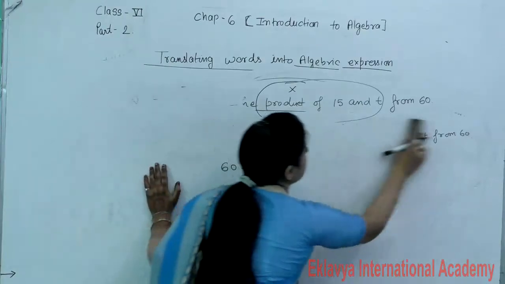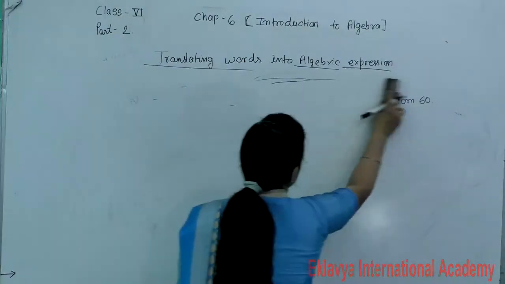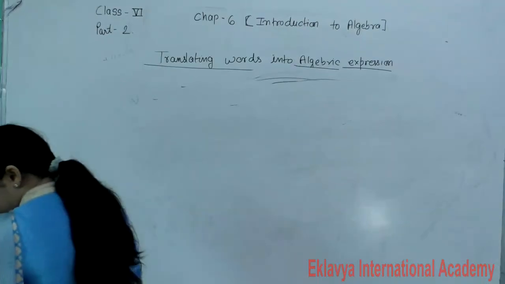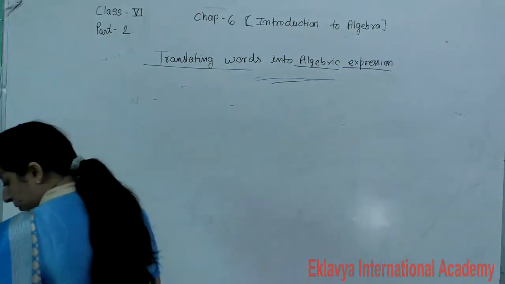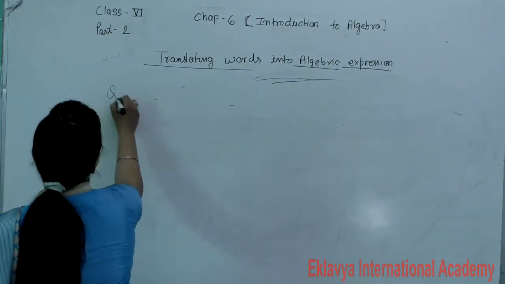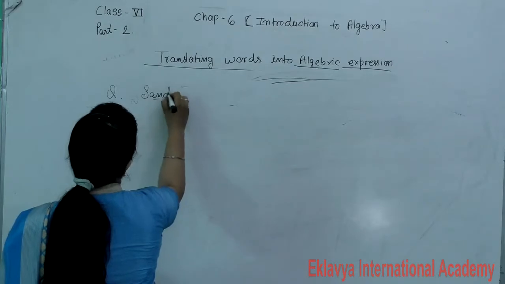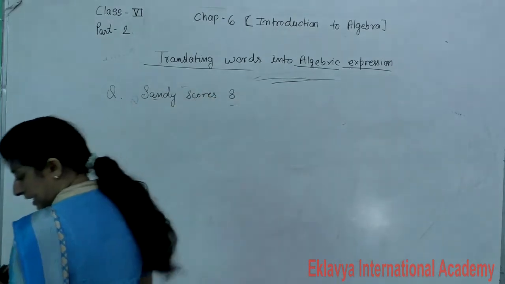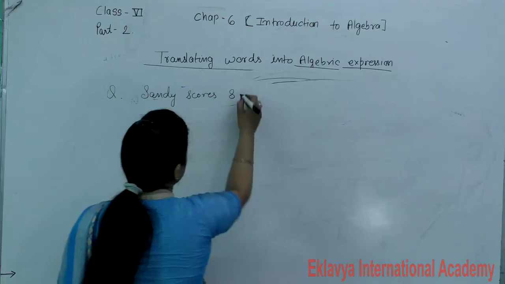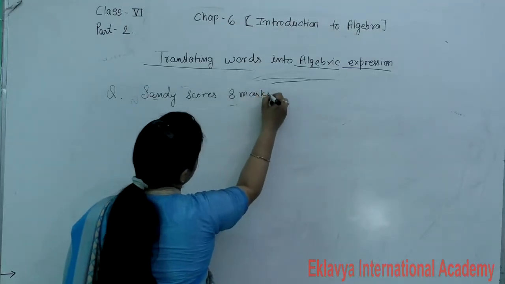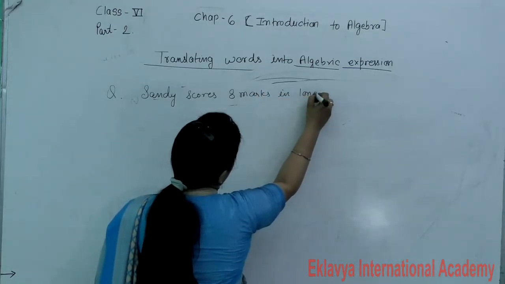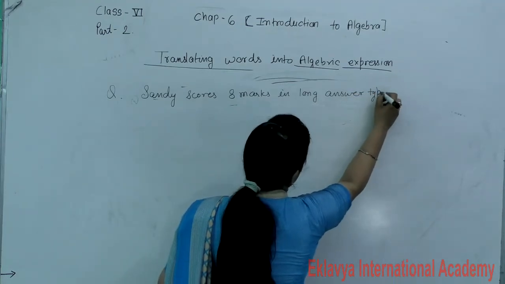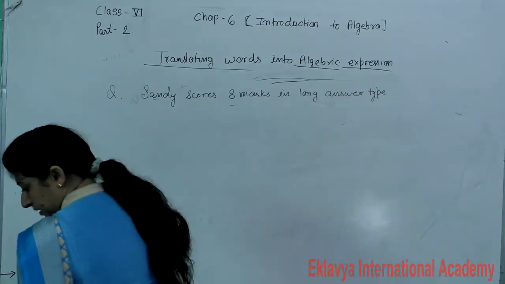Another example, see. Suppose one question is given to you. Sandy scores 8 marks in a long answer type question.